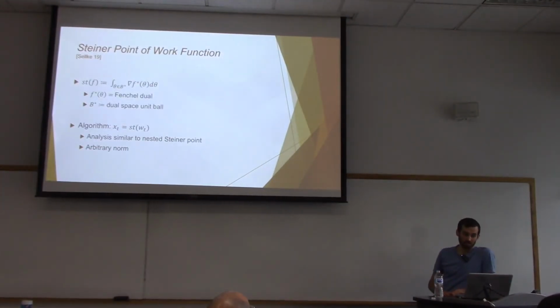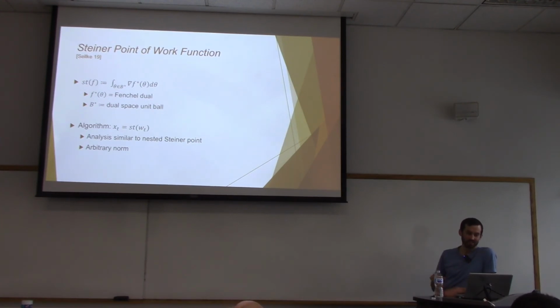So I want to give a fair nod to Mark Sellke's paper, which was published at the same time as ours. And it did a similar algorithm, but I think an even more elegant statement of the algorithm. So what he did is, instead of playing the Steiner point of some made-up convex set, he defined the Steiner point of a function.